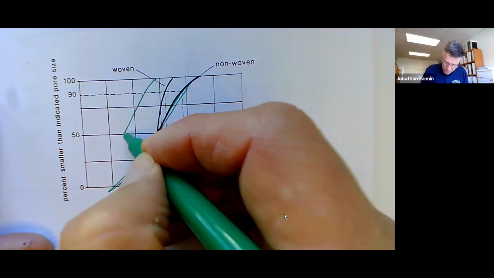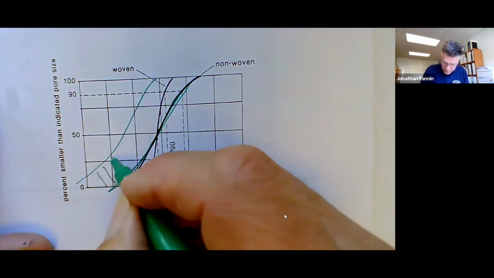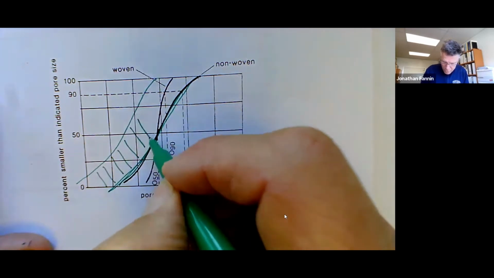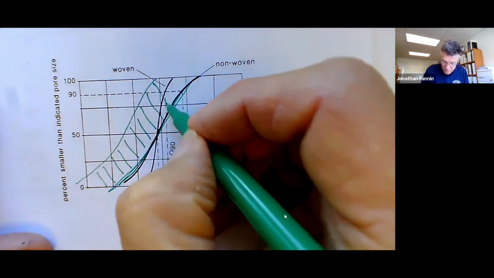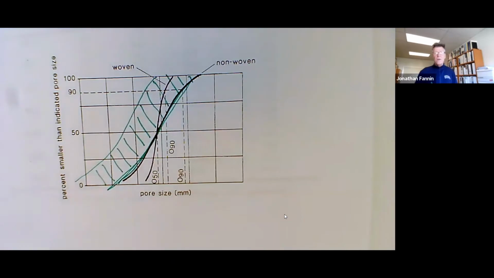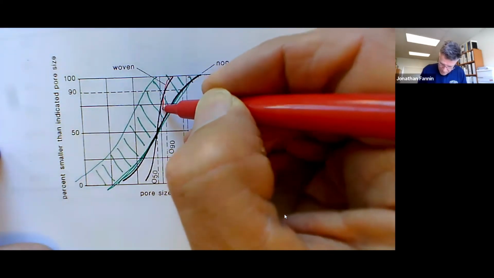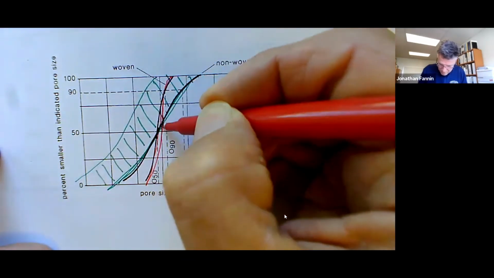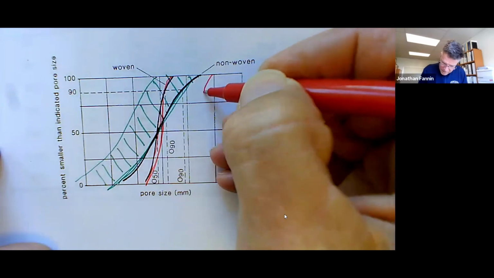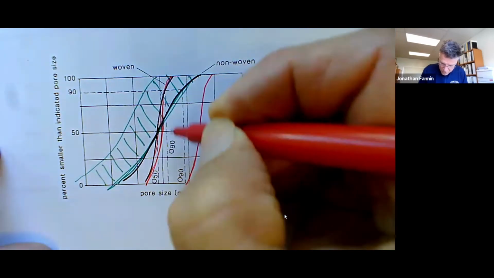View the non-woven geotextile almost as the equivalent of a broadly graded soil, broadly graded grain size. The non-woven geotextile is a broadly graded opening size. In contrast, the wovens tend to be more single-sized, and their openings tend to typically be larger.